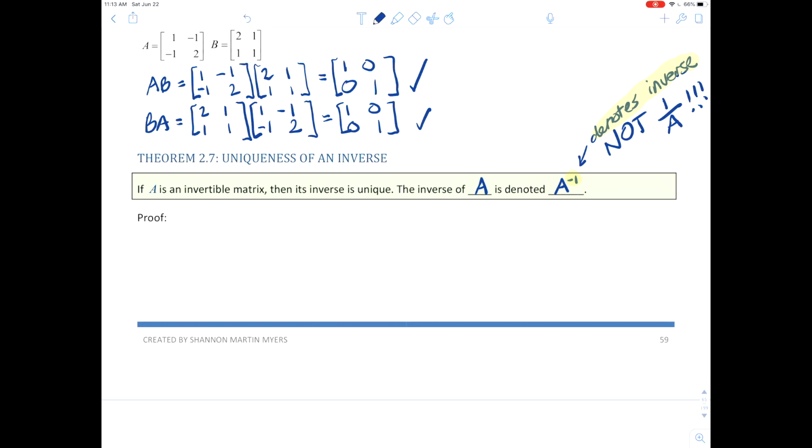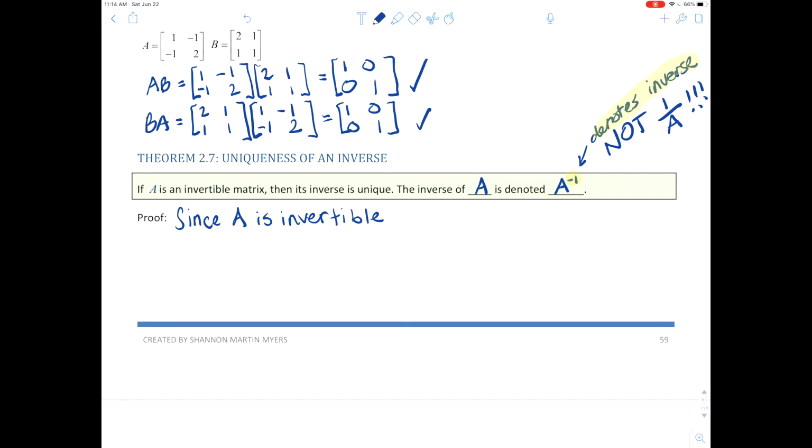Let's check out the proof. What do we know in the premise? Good. The premise states that A is invertible, and we need to show that its inverse is unique. So let's build on that.